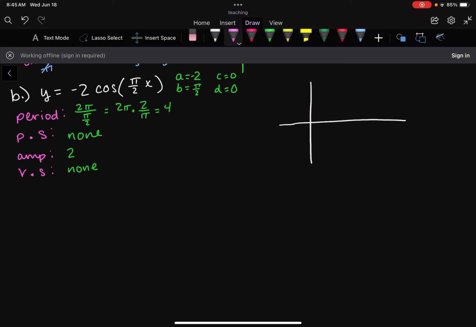Now there is one more transformation that happens. This negative in the front, what it's going to make happen is there's going to be a flip. So we're going to flip upside down.